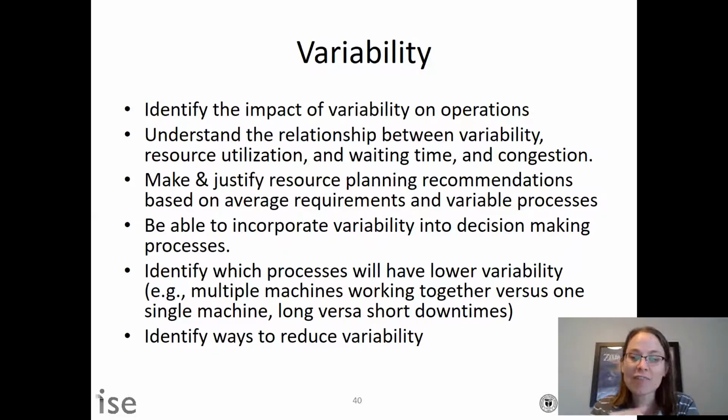We either need more resources, which is more expensive for the same service level, or we have the same level of resources, let's say inventory or capacity, any of these buffers, but then we're not going to have as good customer service. So variability is really bad.